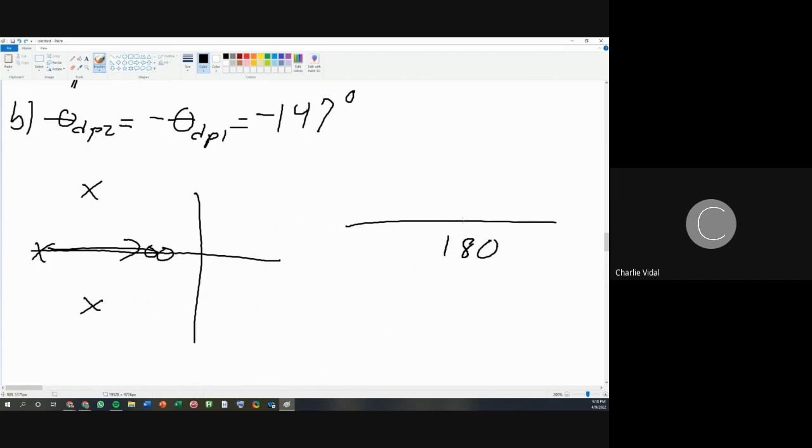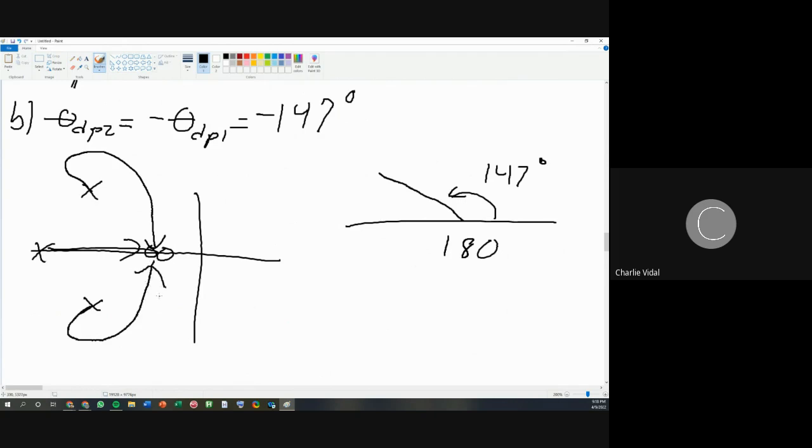So 147 is somewhere over here, just a little bit more than 135. So this one is leaving like this, and it's going to wrap its way around over here. Same for this one. It's leaving like that, and it's just going to snake its way back.